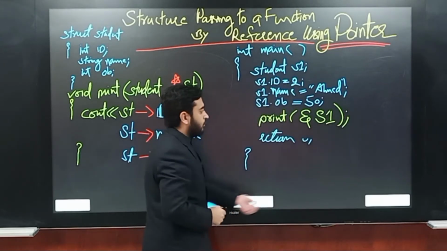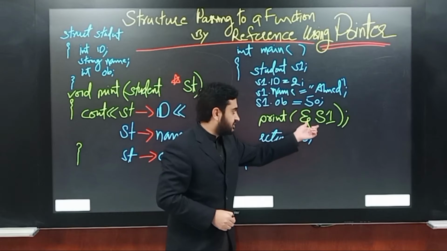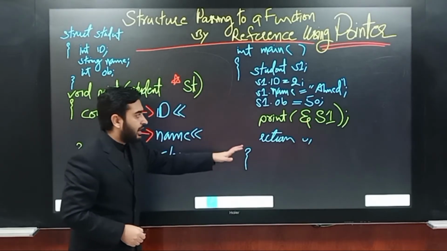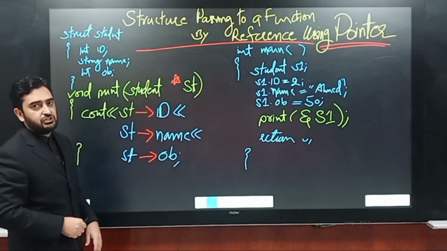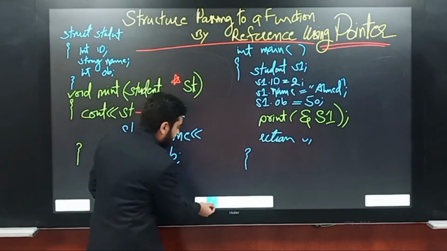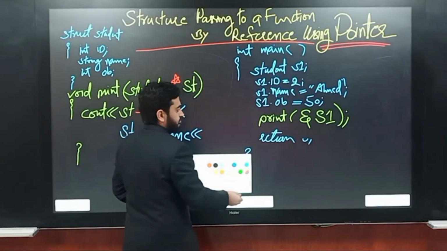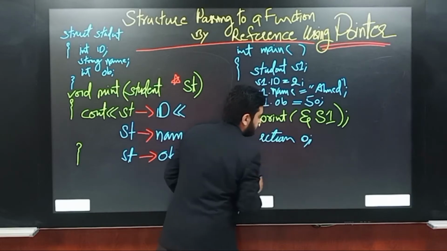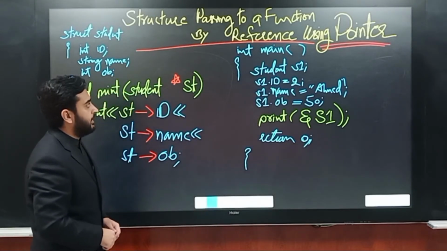This way we pass the address of the s1 object to the pointer st. Then we return 0 as successful completion of the main function.